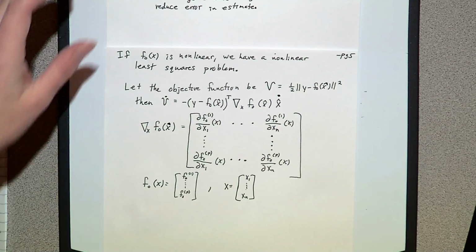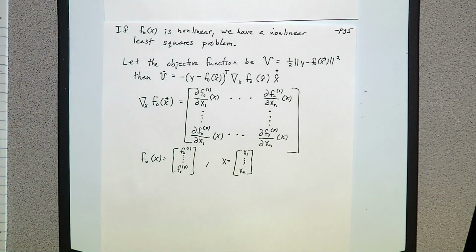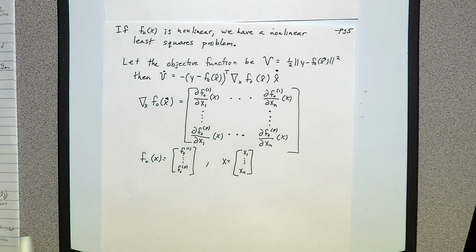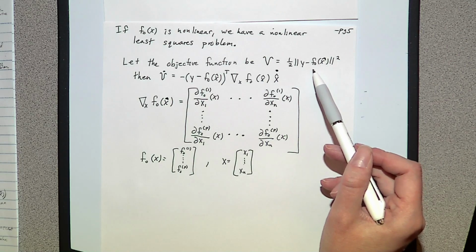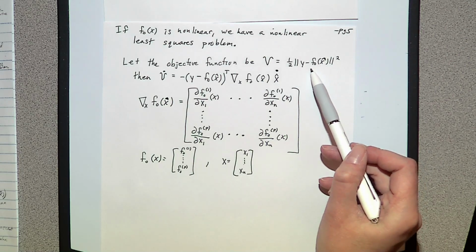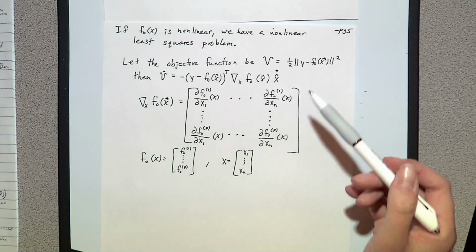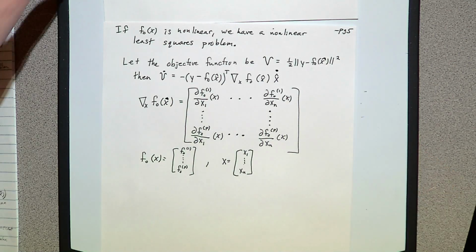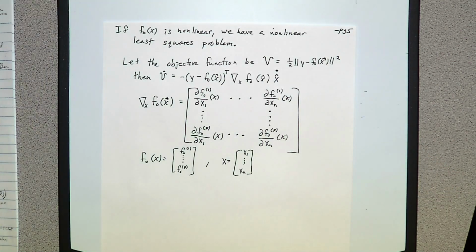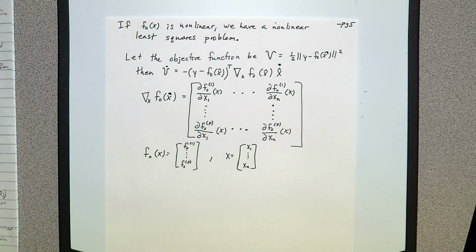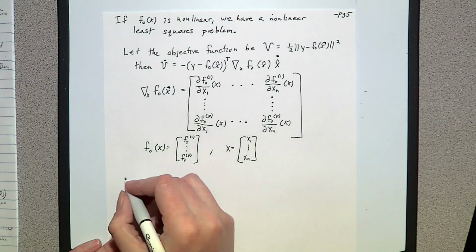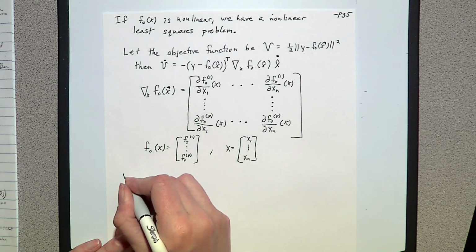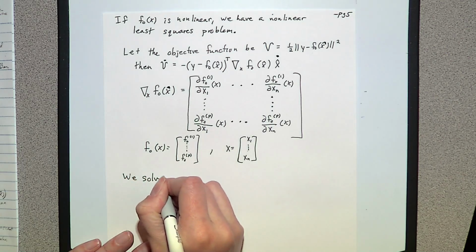I point that out because we're going to see in a minute that the way that we're solving this nonlinear minimization is actually going to relate very closely to what we did for inverse kinematics in robotics 1. Mathematically it's the same kind of idea, just a slightly different application.